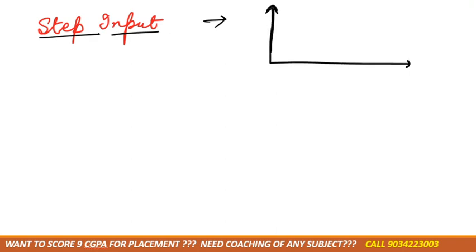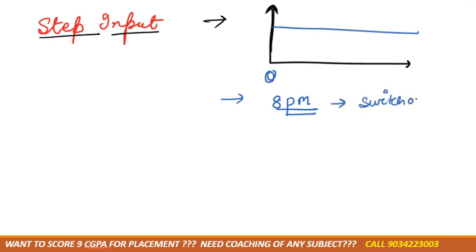One of the inputs is the step input, which will have a different output, like different outputs at t equal to 0, and will have a constant output. Like at 8 p.m. you enter the room and you switch on the fan.